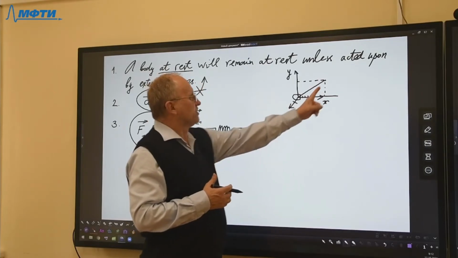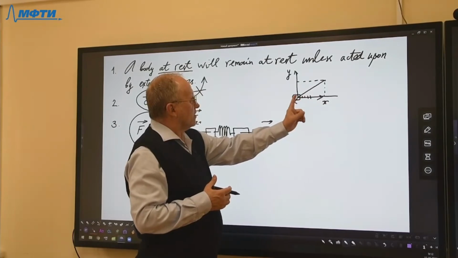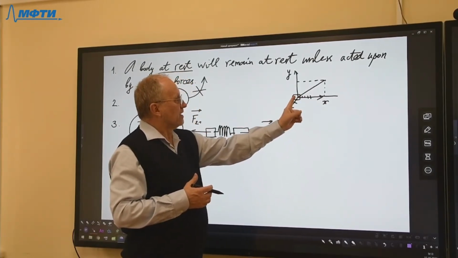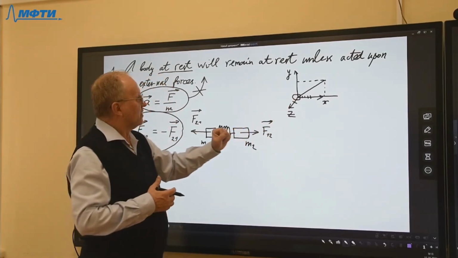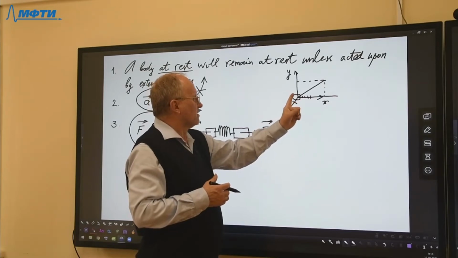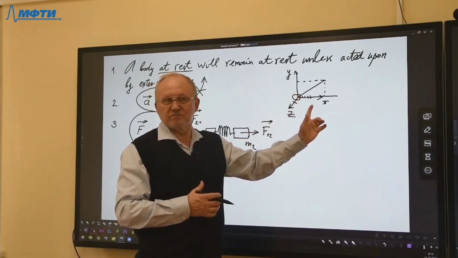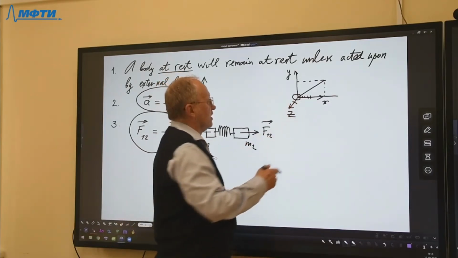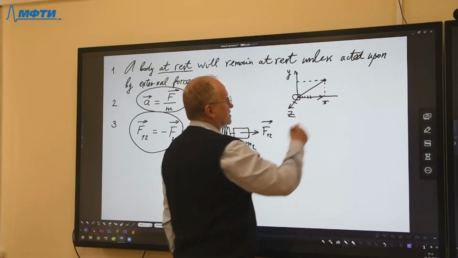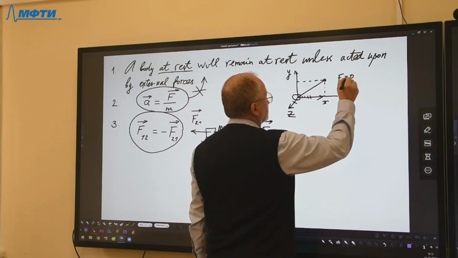So if the material point remains at rest in some reference frame, in some coordinate system, then it means that there is a reference frame which has this property: the body remains at rest if there are no external forces acting on it.